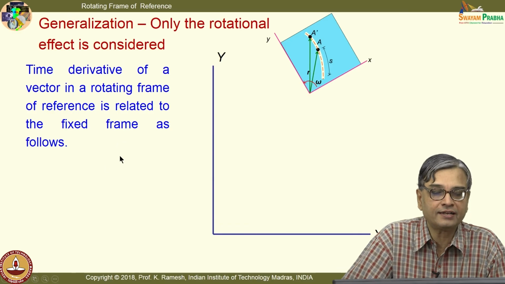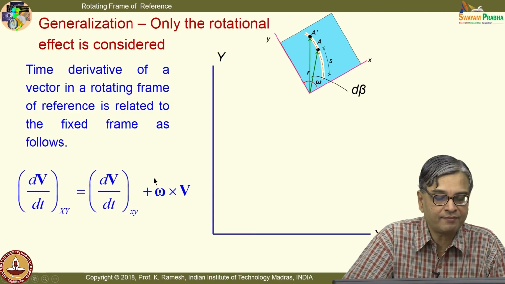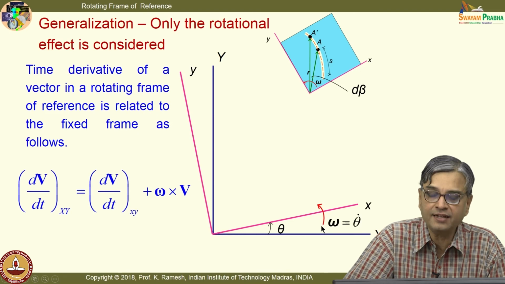So, let us look at what happens when a small movement takes place, d beta. I have this as an expression. When I graphically represent, I should recognize that this is rotating with an angular velocity omega. I denote this position as theta.